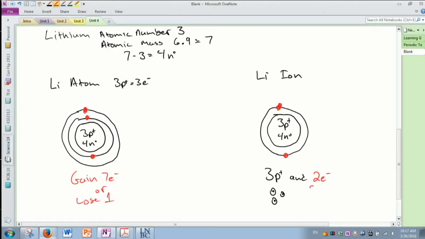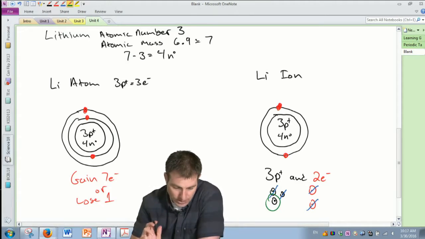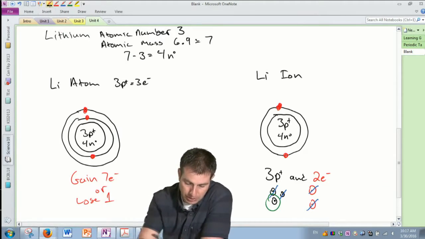And I only have 2 negative charges, of course not drawn to scale. What am I going to be left with? Well, 1 positive cancels out with a negative, another positive cancels out with a negative, and I'm left with 1 extra positive charge.